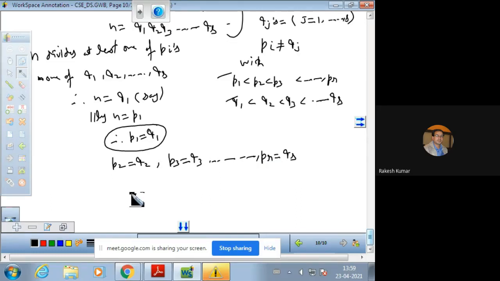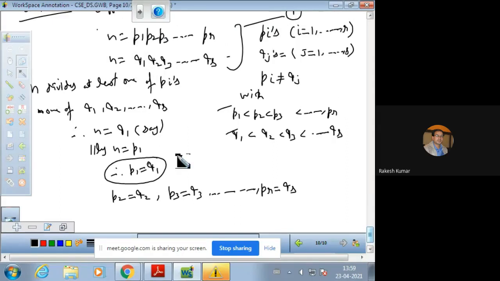And thus n, which we wrote in two ways as a product of primes, all of these are primes. So n has been expressed as a product of primes. And these primes have come out equal in sequence order: P1 is equal to Q1, P2 is equal to Q2 and so on, Pr is equal to Qs.